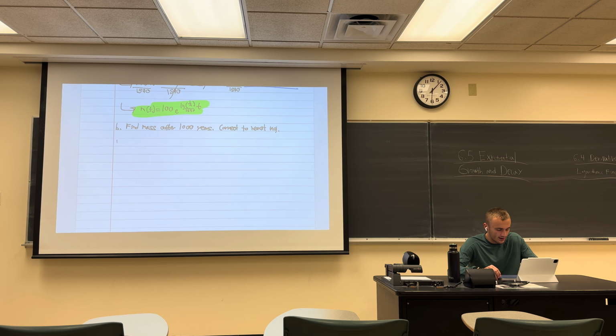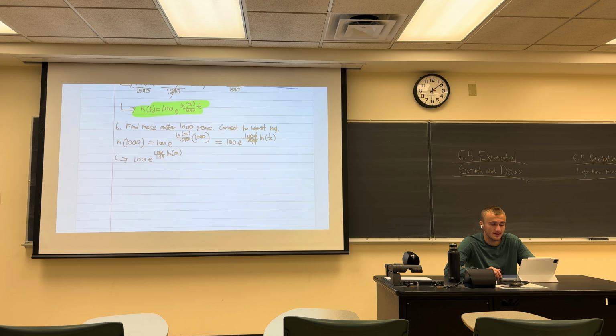So we know that m of 1,000, we're just plugging 1,000 into t, looking at our previous equation. So m of 1,000 equals 100 e to the ln of 1/2 divided by 1590 times 1,000. Remember that whole term is k times 1,000, and all that's in the exponent.